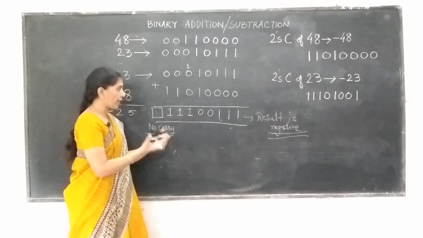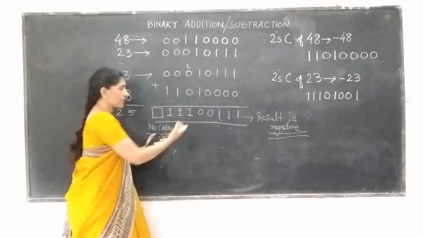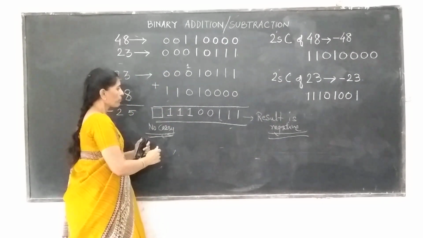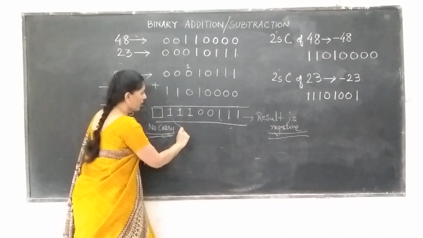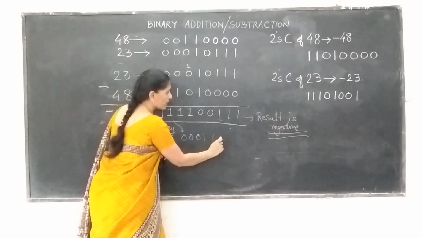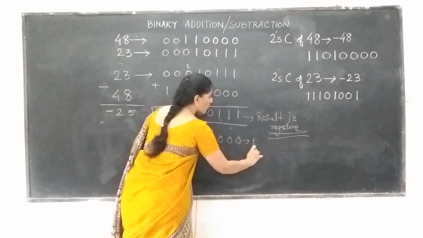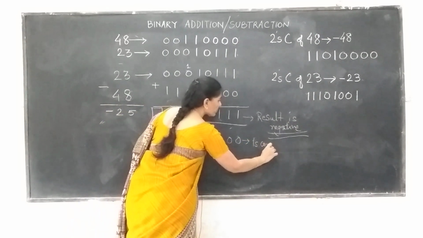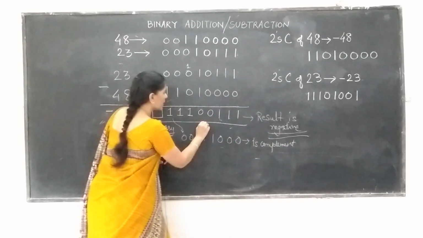So to obtain the value of what is this plus this, we must again take its 2's complement by inverting every bit. So the inverted version of this will be 0 0 0 1 1 0 0 0. So this becomes the 1's complement of this.